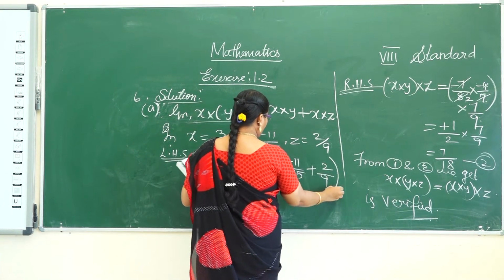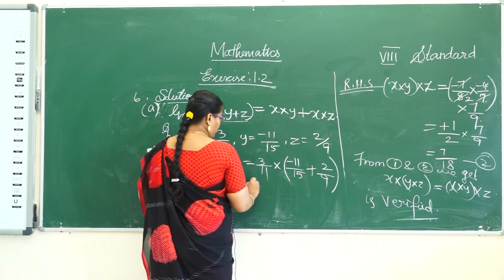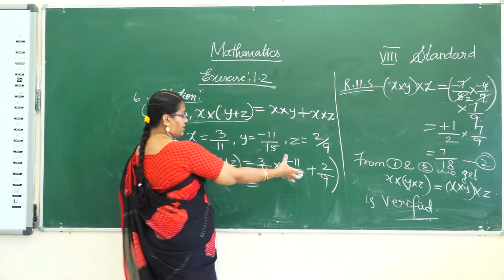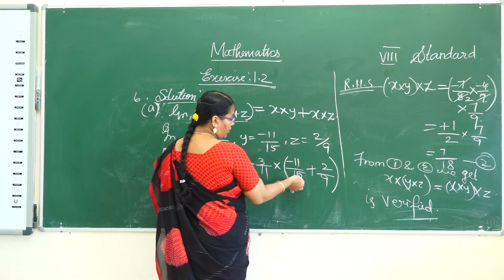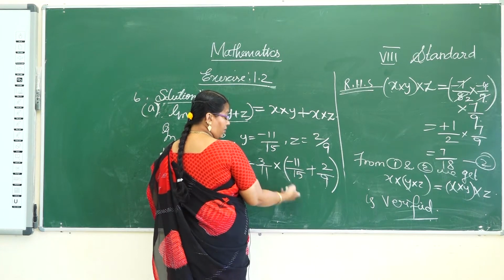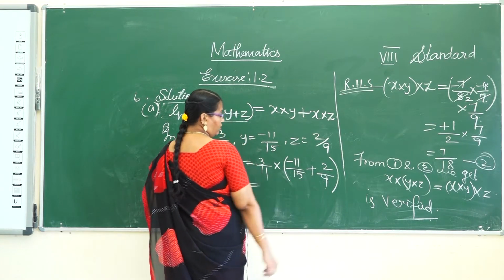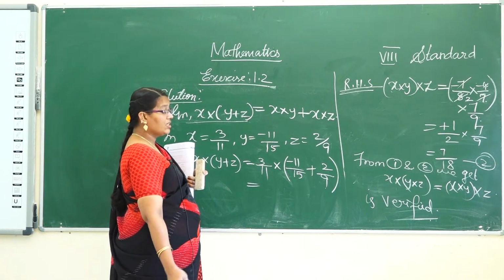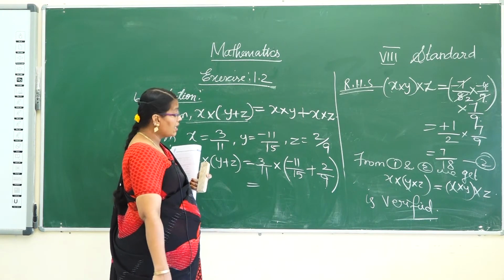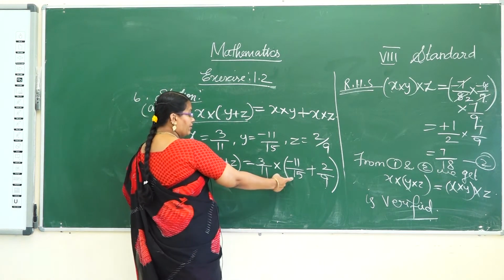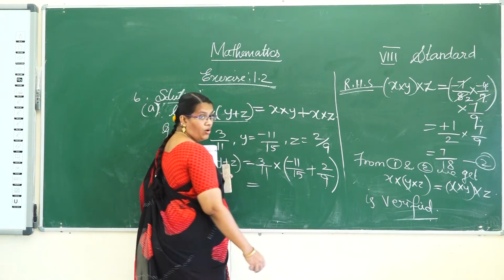First simplify the bracket value. Here two different denominators are given, 15 and 9, unlike fractions, so you should find the LCM. LCM of 15 and 9 is 45. 15 threes are 45 and 9 fives are 45.